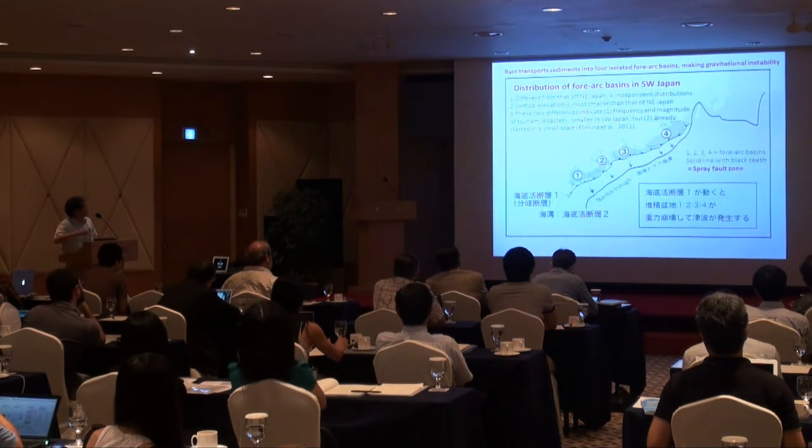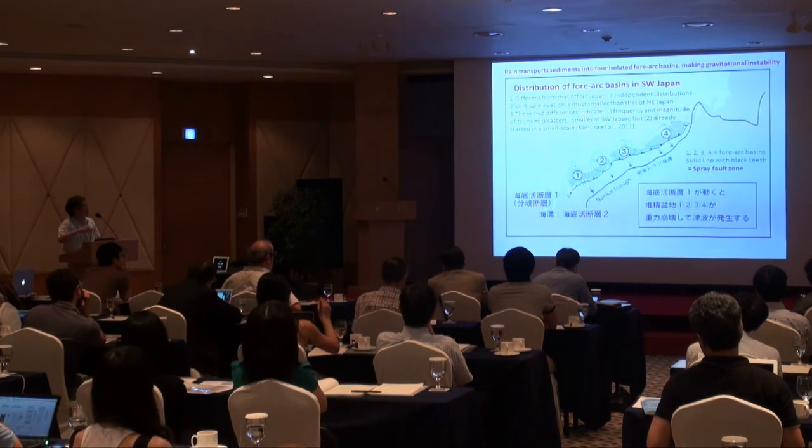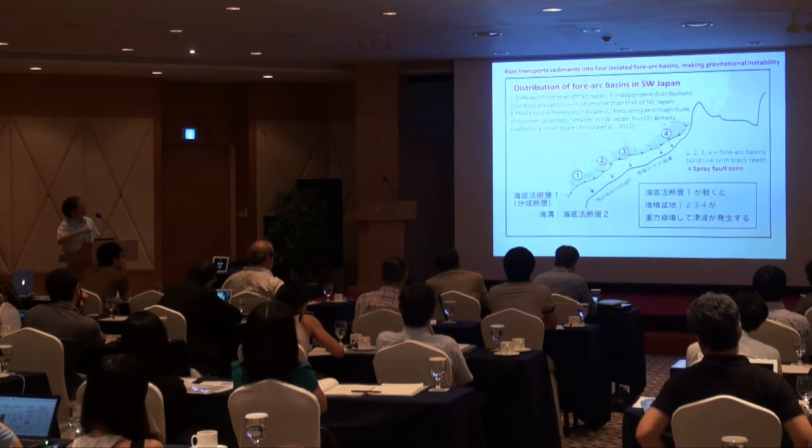First, let me explain the topography of Southwest Japan. Rain transports sediment into 1, 2, 3, 4 different regions. It's quite different from Northeast Japan. So exit was only one in the case of Northeast Japan, but in Southwest Japan, 4 different regions.